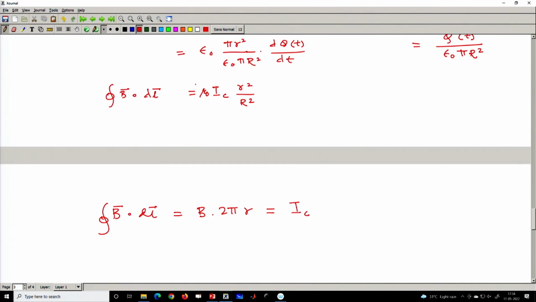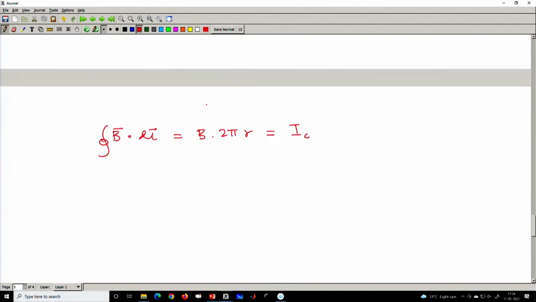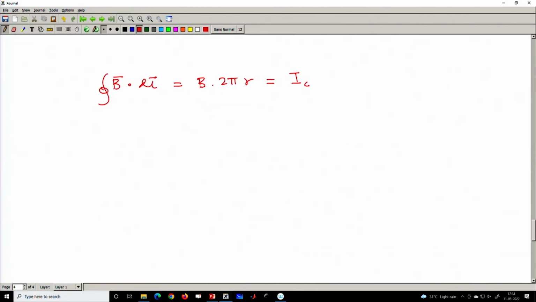ID multiplied by mu 0 is there, and IC is 0 in between. So it is 2 pi r B equals mu 0 IC r square divided by R square. So B is simply mu 0 IC r divided by 2 pi R square.